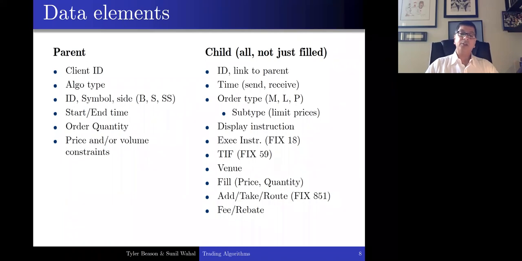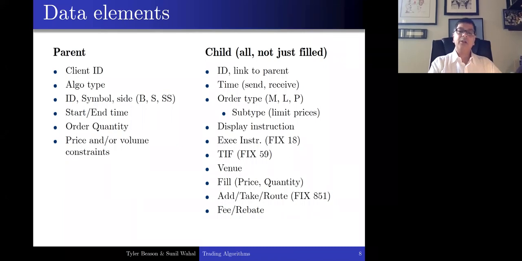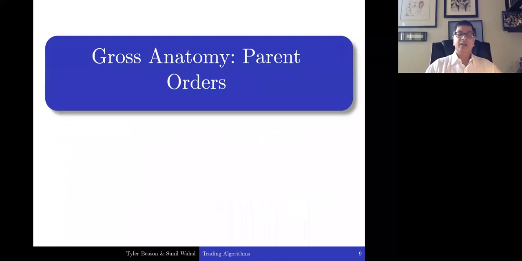Every single venue, detailed venue information, prices and quantities of the fills, and the last liquidity indicator that is used in the industry to determine whether the child adds, takes, or reroutes liquidity, and of course the fee and the rebate information. So pretty comprehensive coverage of every aspect of a child order.